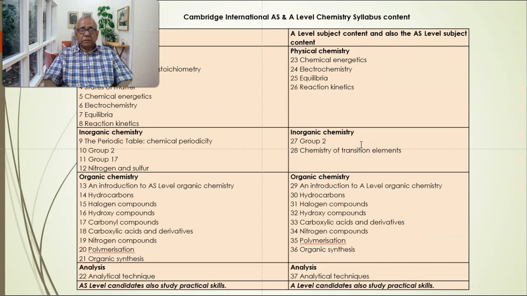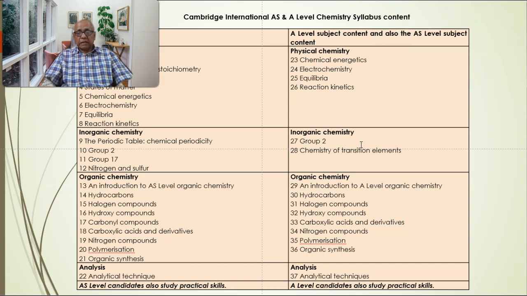If I go to the content of the AS level and A level, you see 3 main or almost 4 main chemistry subjects are there: physical chemistry, inorganic chemistry, organic chemistry, analysis of techniques.